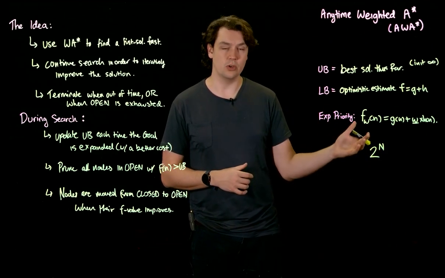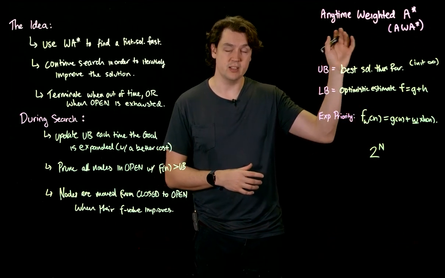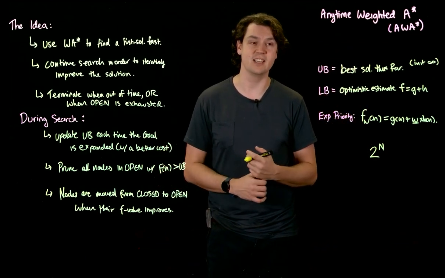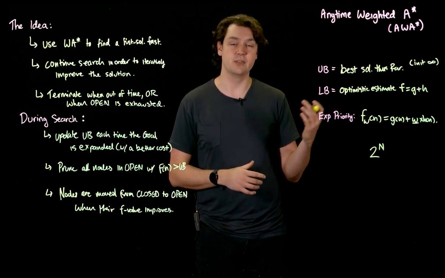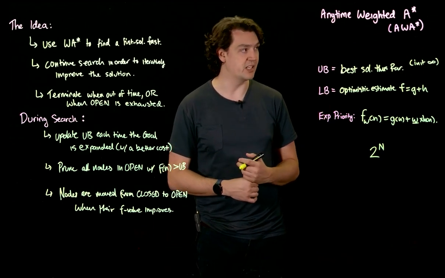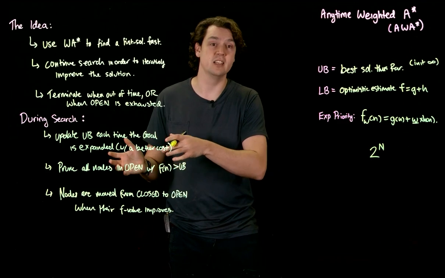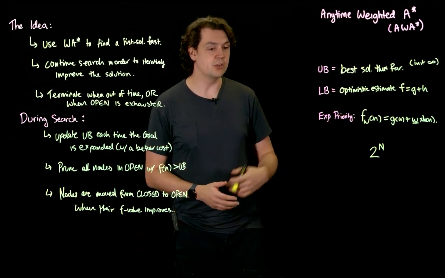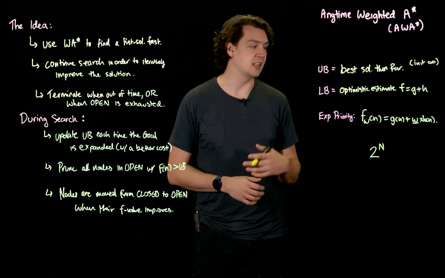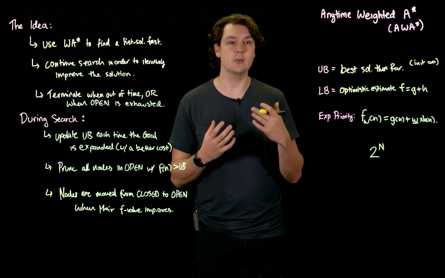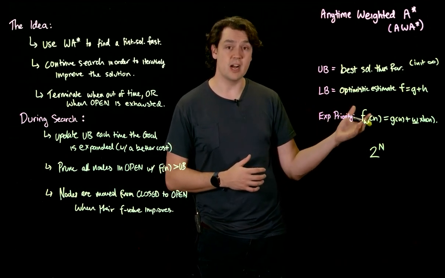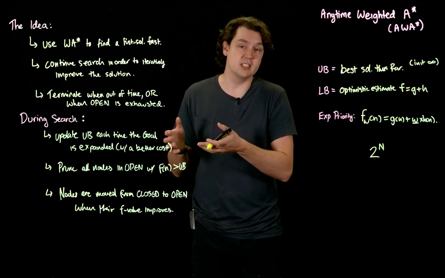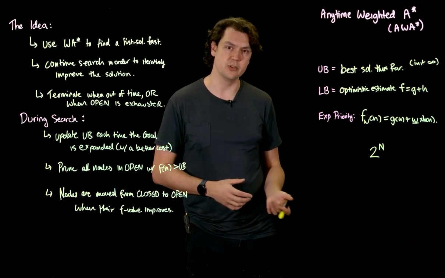So the original authors, I also highly recommend reading the Anytime Weighted A-star paper. It is one of the most approachable papers, I think, in this field that I've read. It's really a fantastic paper, and if you can understand this video, you'll understand the paper, which is great. The authors actually talk about things like this. In their testing, they see that Anytime Weighted A-star, surprisingly perhaps, performs very, very well, even performing best with low Ws.